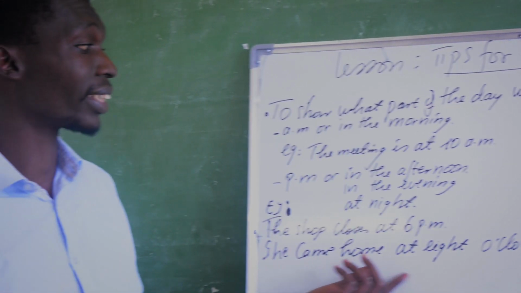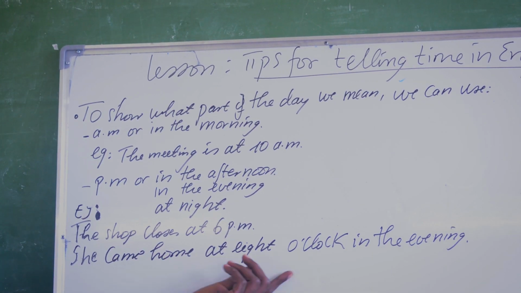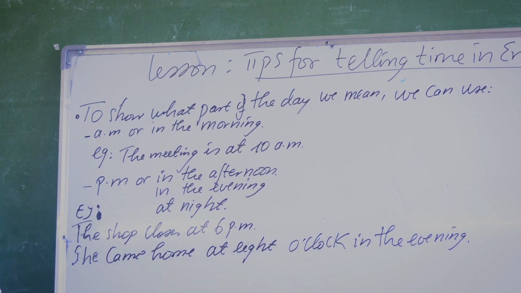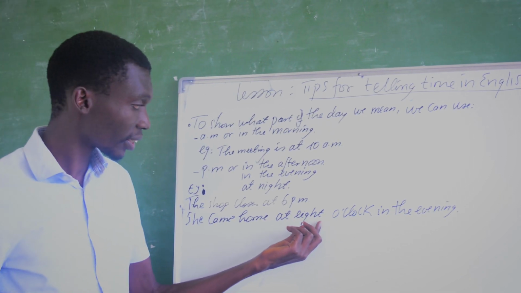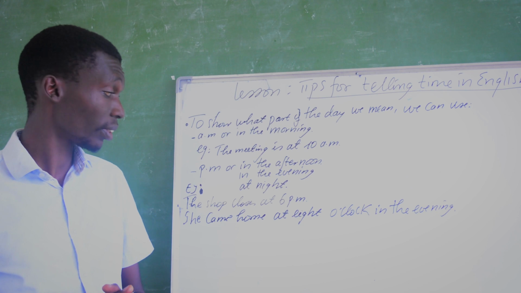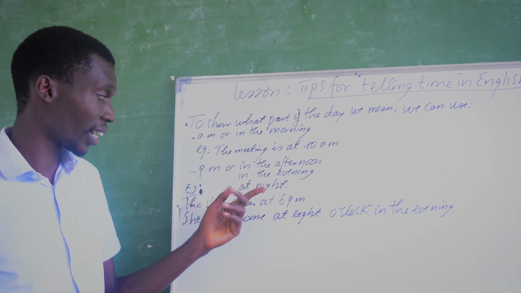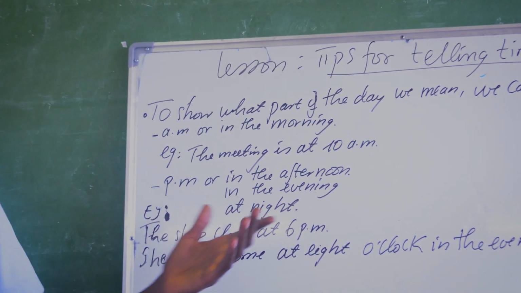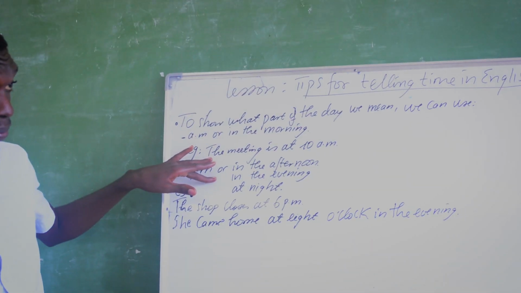Again, she came home at 8 o'clock in the evening. I always say she came home at 11 o'clock in the evening. Is that understood? So, p.m. or in the evening, in the morning, at night, this cannot be in the same sentence, but you rather use one of these. Is that understood?